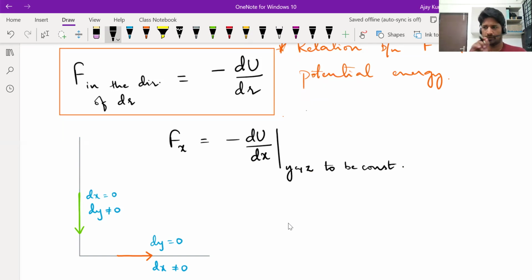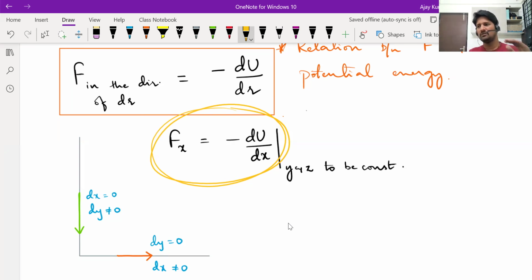So if you want to find out force in the x direction from potential energy, you will have to differentiate potential energy with respect to x. But while doing that differentiation, you have to assume y and z to be constant. Now you may ask, sir, why are y and z even being considered? Why should we treat them to be constant? We'll solve problems, you'll understand.